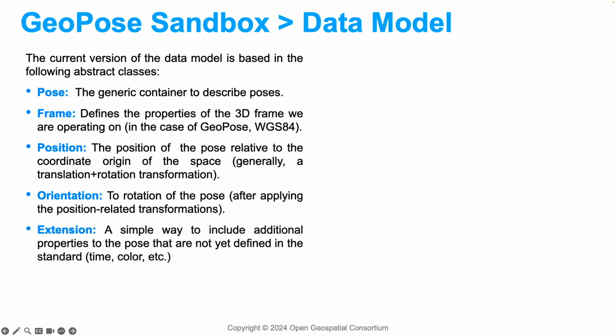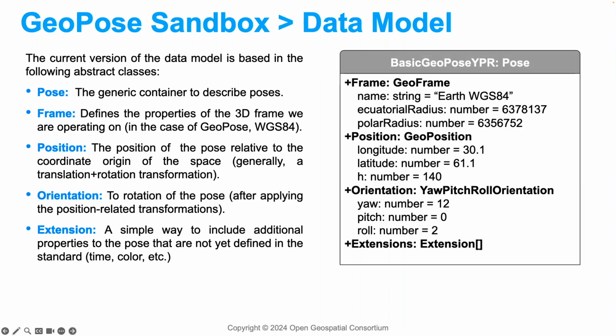Next, of course we include an extension system, so that you can include time, or color for point clouds, if you want to use GeoPose to represent different kinds of things. Every GeoPose can represent a point in a space, but it can also be a point of a point cloud.